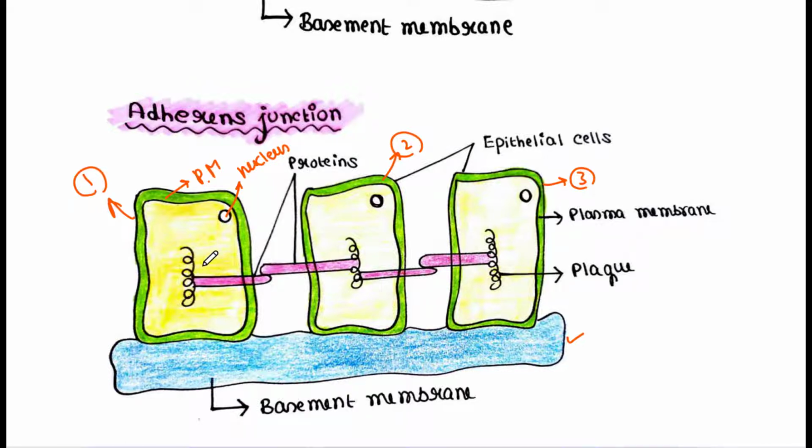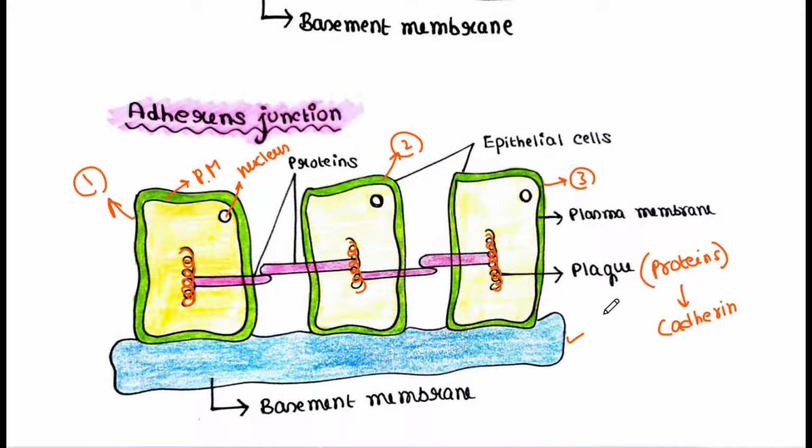In the cytoplasm you can see a plug, found in the cytoplasm of each cell. This plug is nothing but an aggregation of proteins. A special protein found in this plug is cadherin.